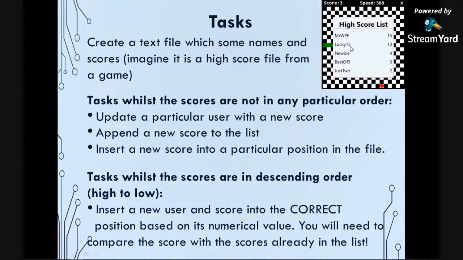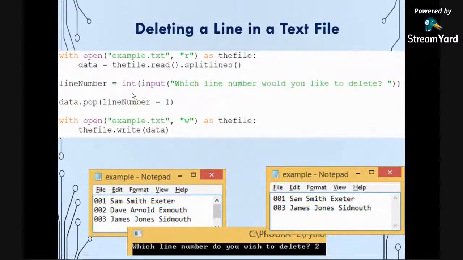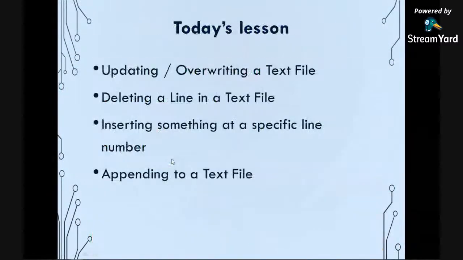And in fact, you might want to put the score first so that it's a bit easier to access. What you might want to do is tasks while the scores are not in any particular order. So if you put the score first, you'll be able to say, where is it?